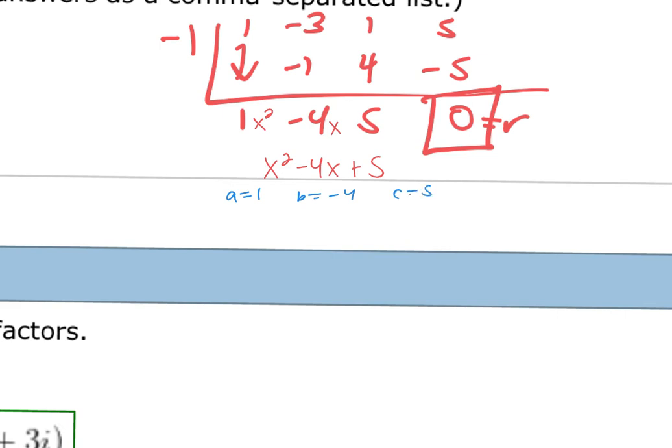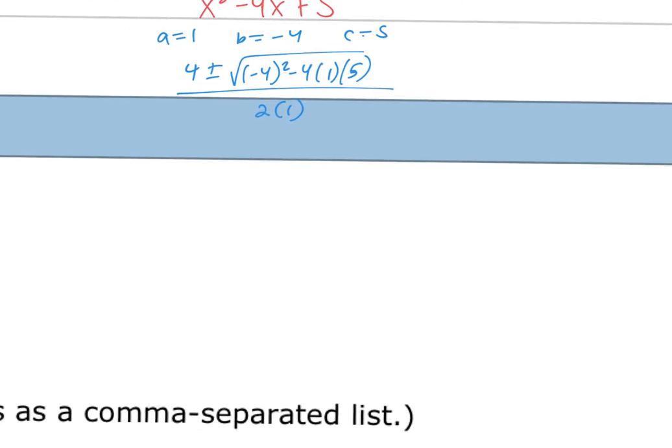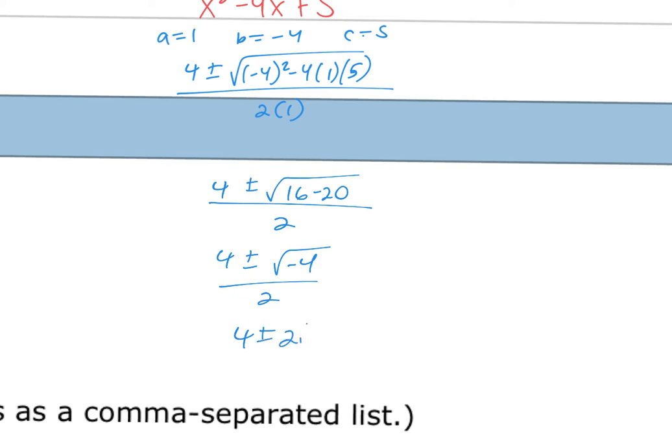So -B is 4, plus and minus the square root of -4 squared minus 4 times A times C, all over 2 times A. 4 plus and minus the square root of 16 minus 20 over 2. 4 plus and minus the square root of -4 over 2, which is 4 plus and minus 2i over 2. Go one step further and reduce that to 2 plus and minus i.